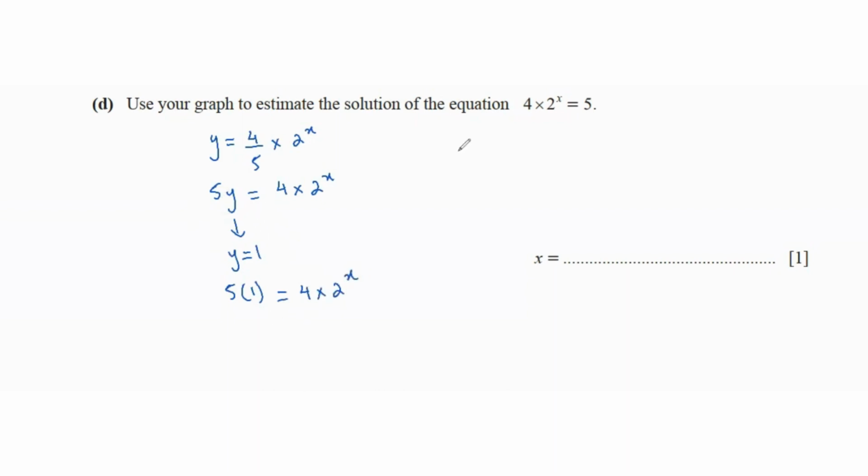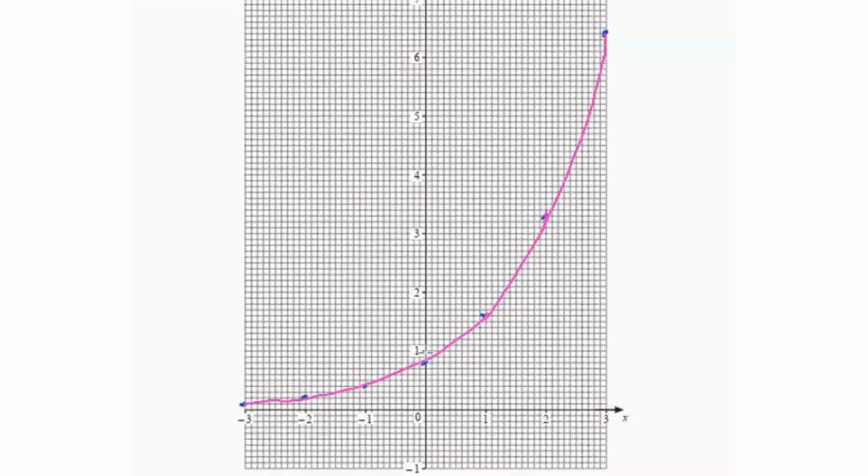That means we have to draw a line at y equals 1, and that would give us the solution of the equation. If you go back to the graph, y equals 1 is this. So this is going to give us the solution of 0.3.